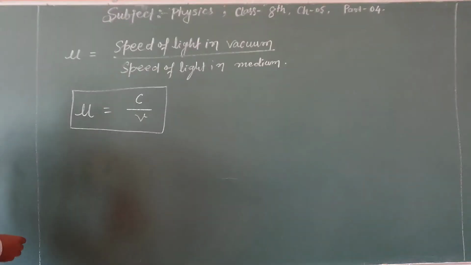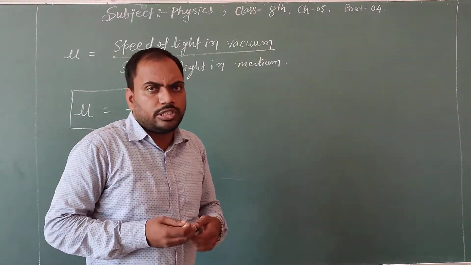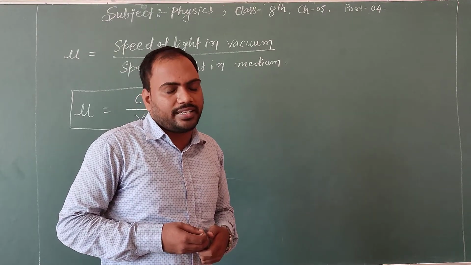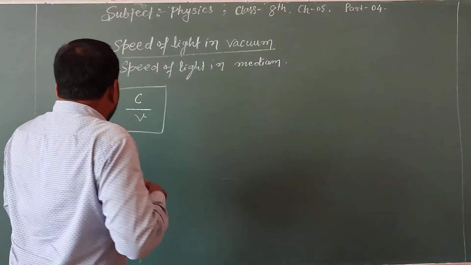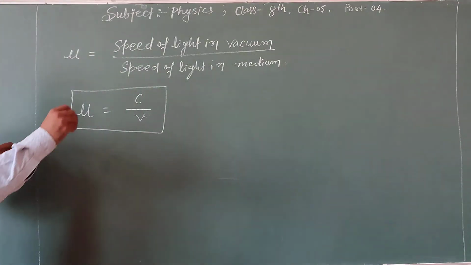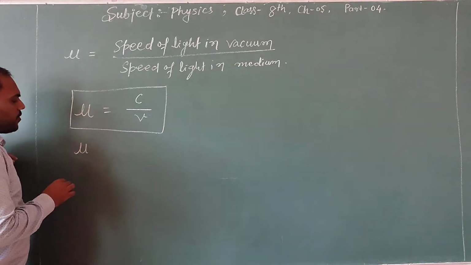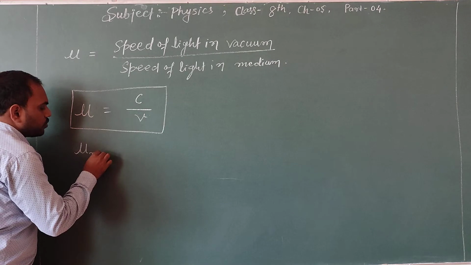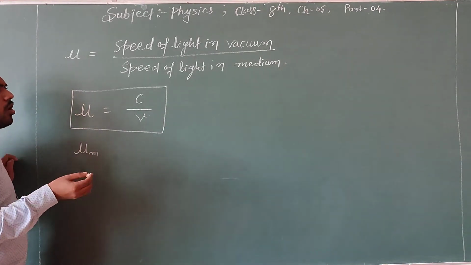Here is another approach. Just understand what absolute refractive index means, another way of looking at it. You may also write it as the refractive index of a medium with respect to vacuum, or air.